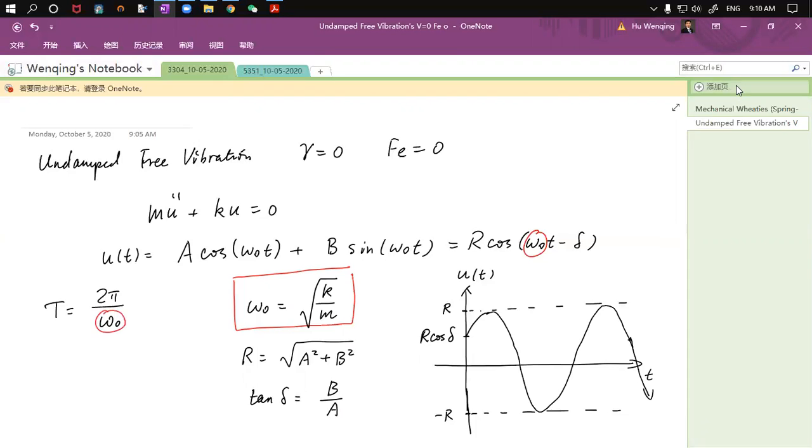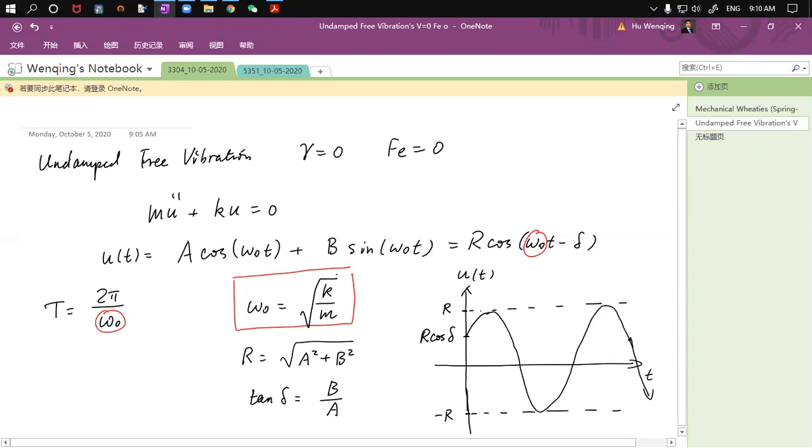You can see that the frequency omega 0 is simply determined by the Hooke's constant as well as the mass. So it is actually determined by this m and k, which are intrinsic constants related to the system itself.